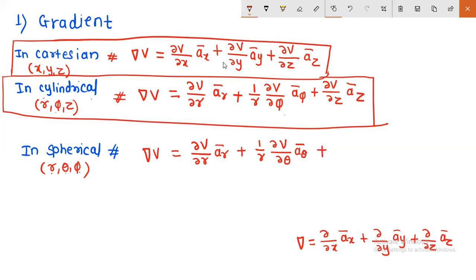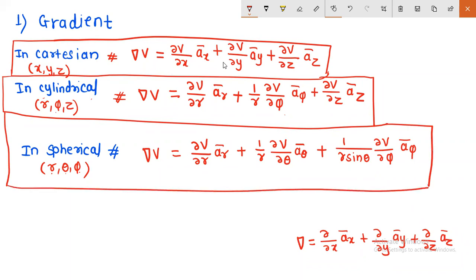So it is 1 upon R sine theta into dabba V upon dabba phi into unit vector a bar phi. So this is for spherical coordinate system. Everyone note this formula fast.